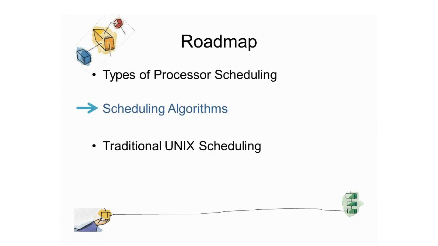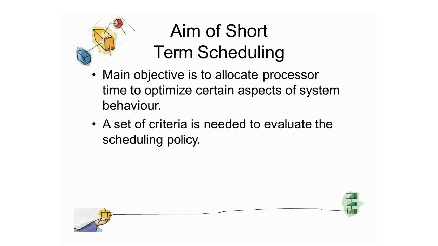The second subtopic about uniprocessor scheduling is scheduling algorithms. The main objective of short-term scheduling is to allocate processor time to optimize certain aspects of system behavior. A set of criteria is needed to evaluate the scheduling policy.